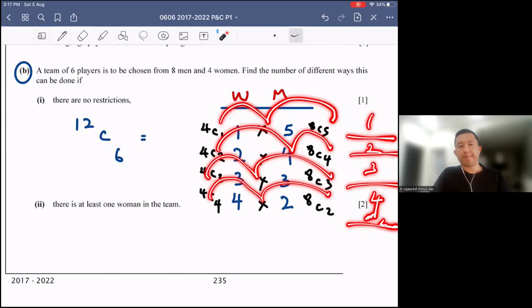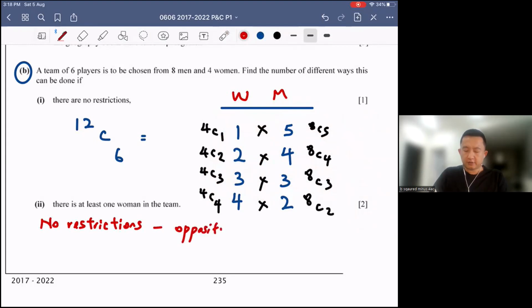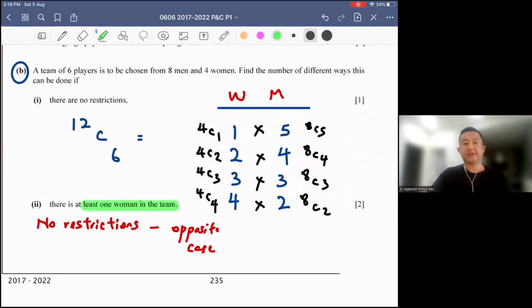Is there any shortcut? Yes, there is a shortcut. There's only 2 marks for this. The idea is, if you want to find the answer for this, you can have the idea of no restrictions minus the opposite case. What does it mean by opposite case? The criteria that does not fulfill at least 1 woman in the team, the opposite case. Think about it.